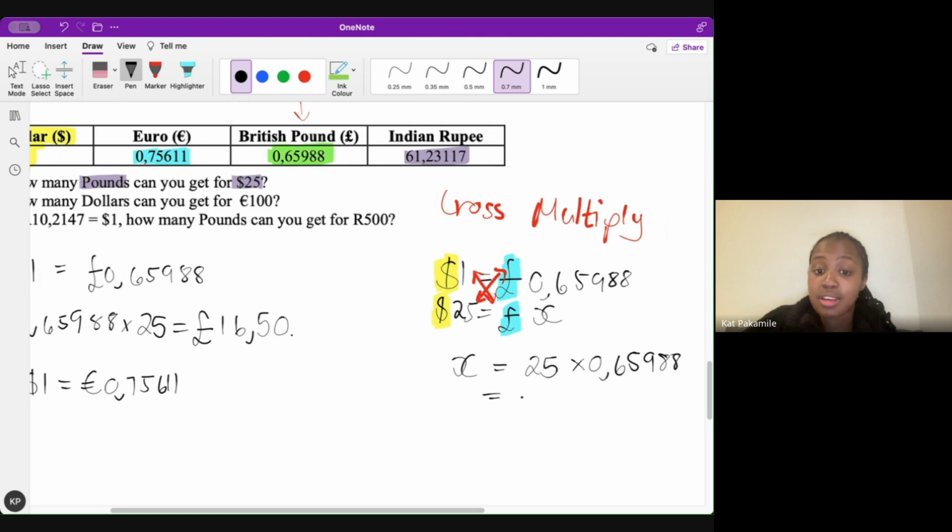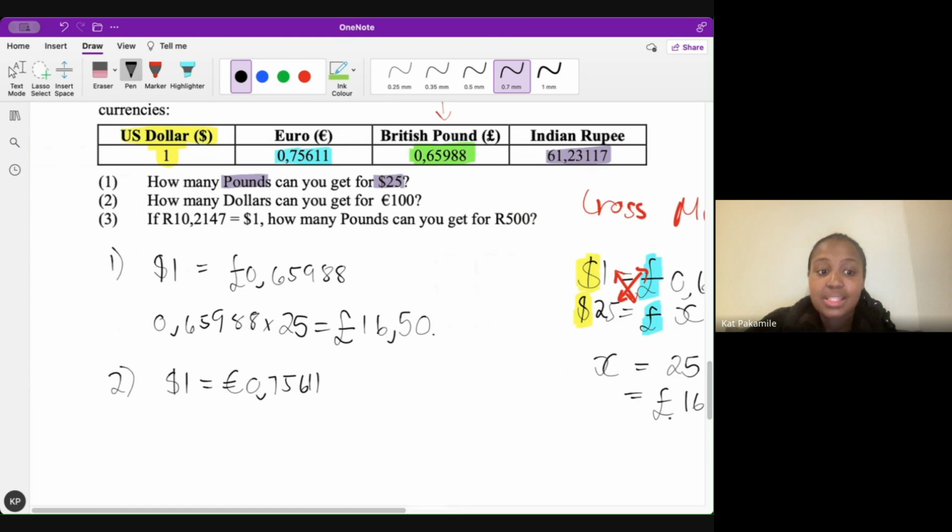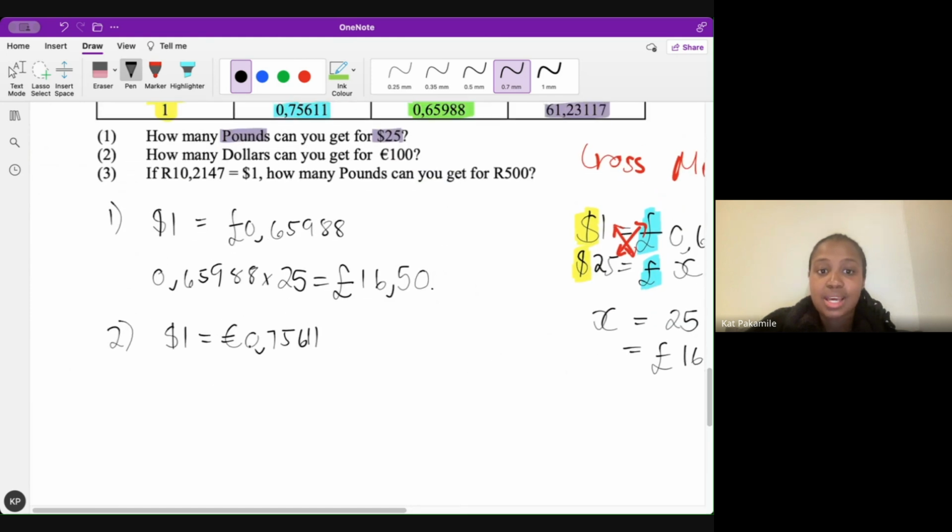And this is going to give me how many pounds? We said 16.50. Okay, but let's see. Now it's going to make this one easier. This time, what were we given? Were we given dollars or euros? Excuse me. Were we given dollars or euros? Euros, okay? 100 euros. So I'm going to put them over here. And this time my X goes under the dollars.